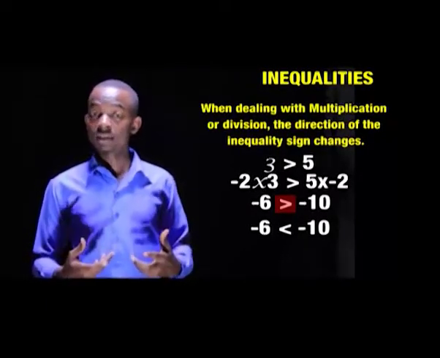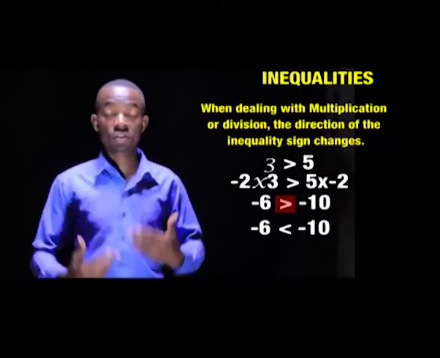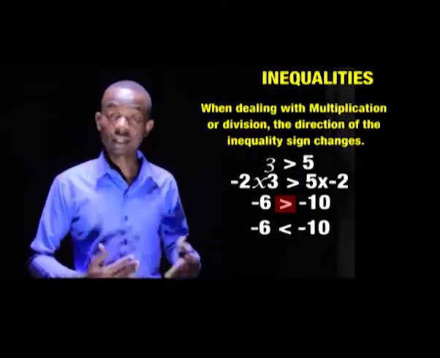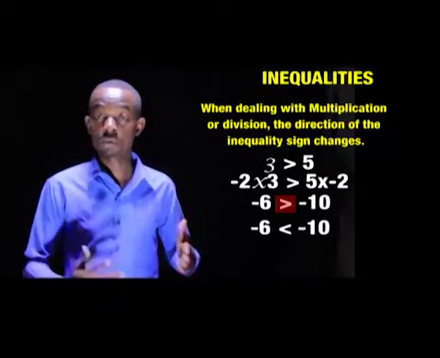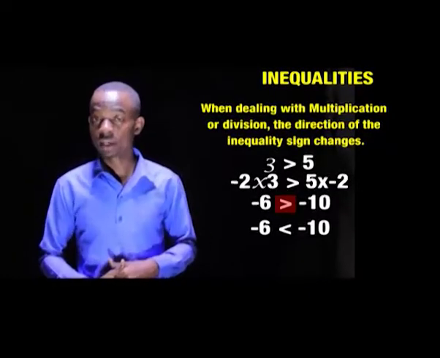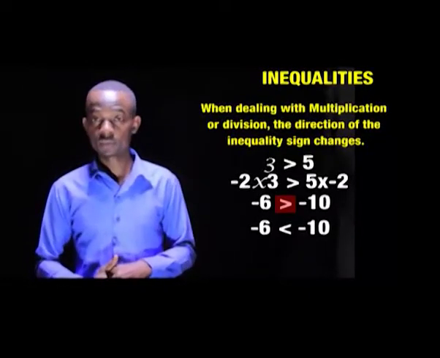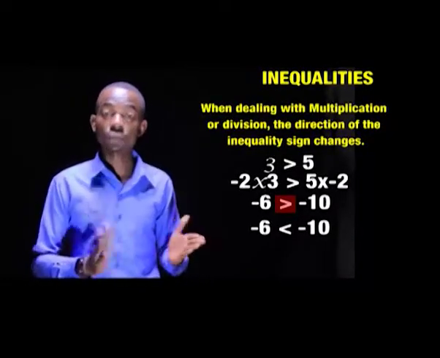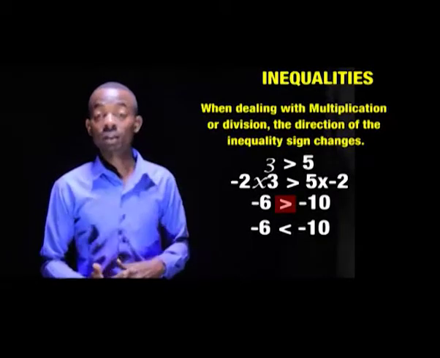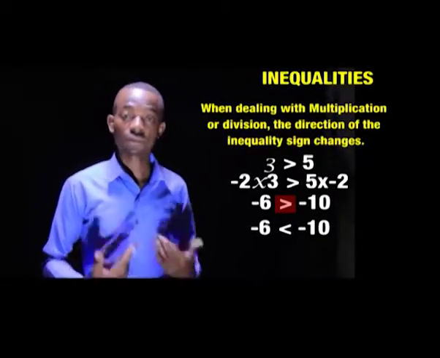If I had the greater or equal to sign, and I multiply by a negative number on both sides, I end up with a less than or equal to sign. So you change the direction in which the inequality faces when you multiply by a negative number.